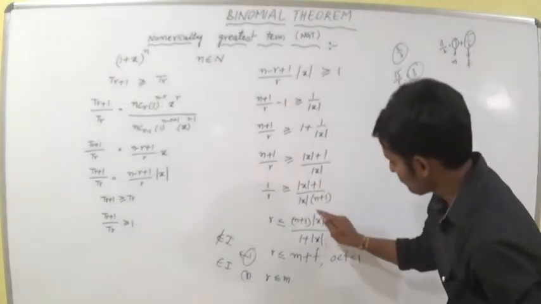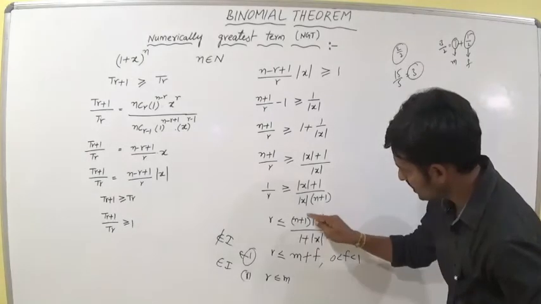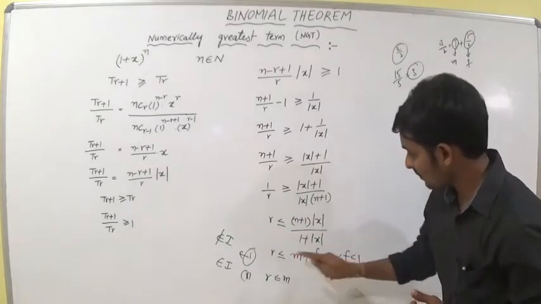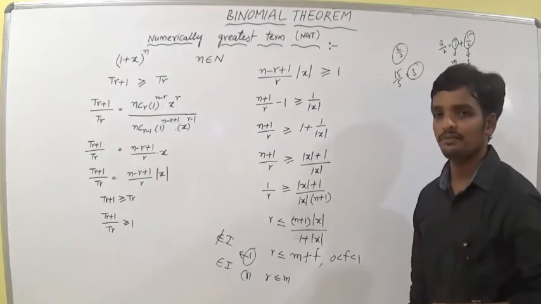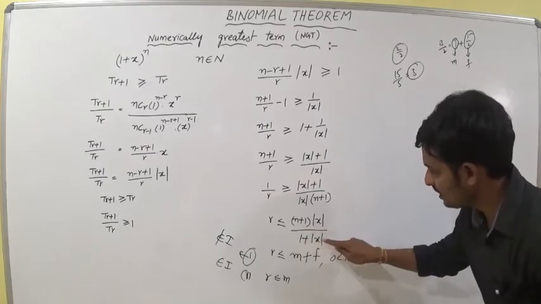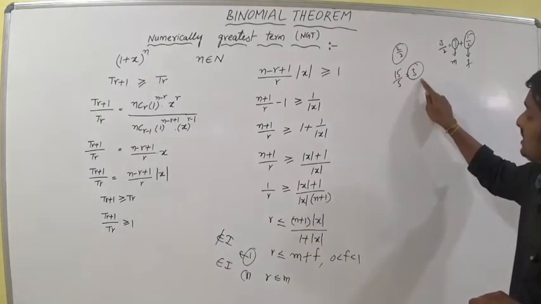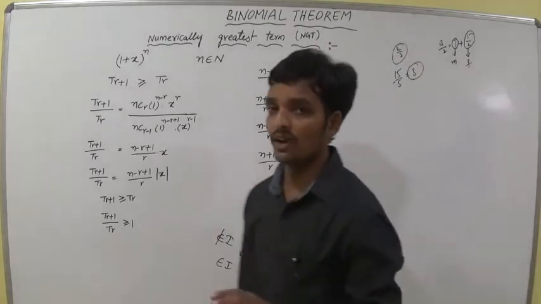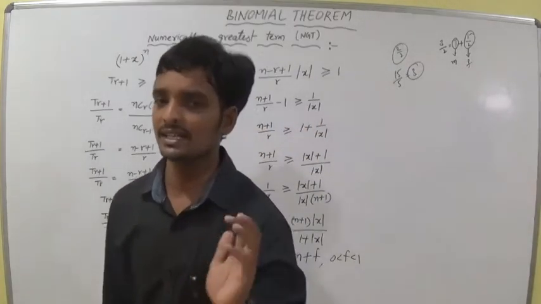We are calling the value R. The value of R is either an integer, for example, if the numerator is 15 and the denominator is 5, 15 by 5 is 3. That means the value of R is an integer.